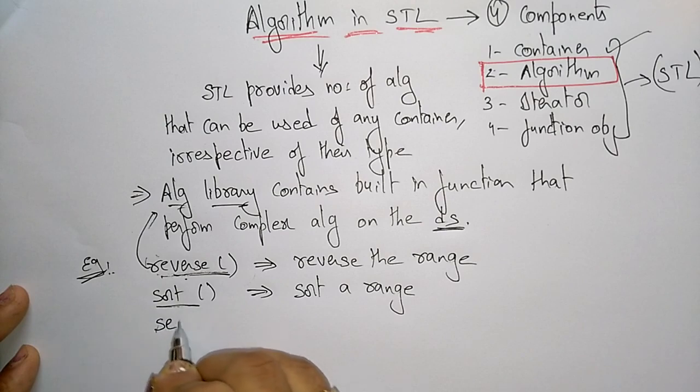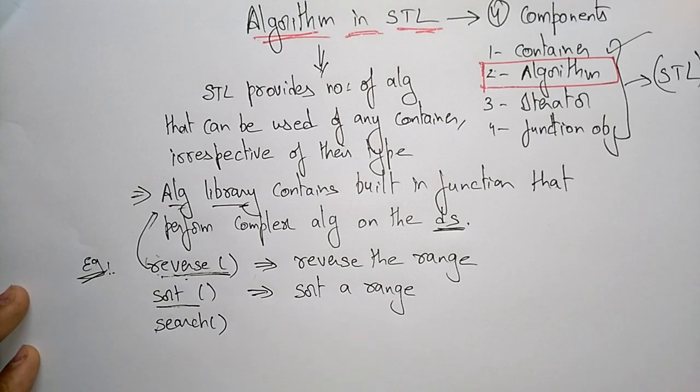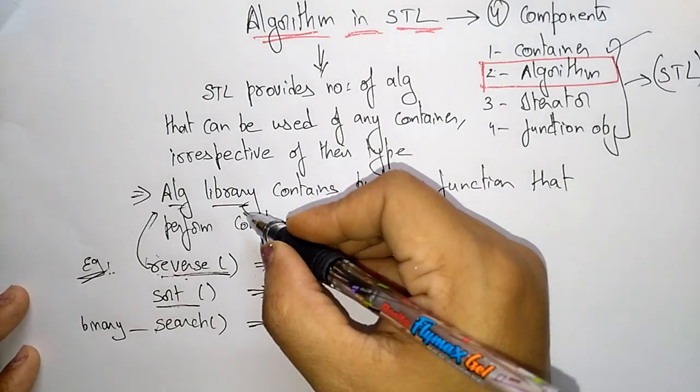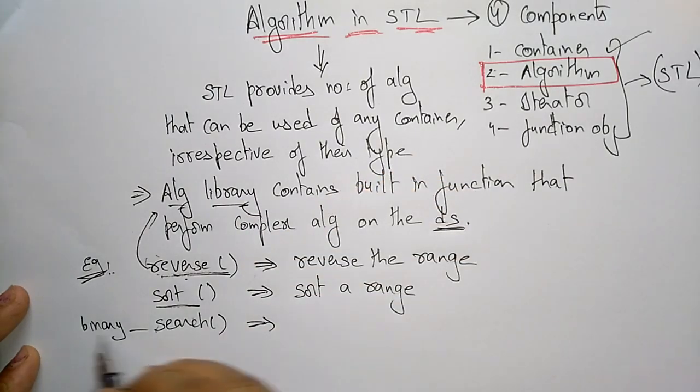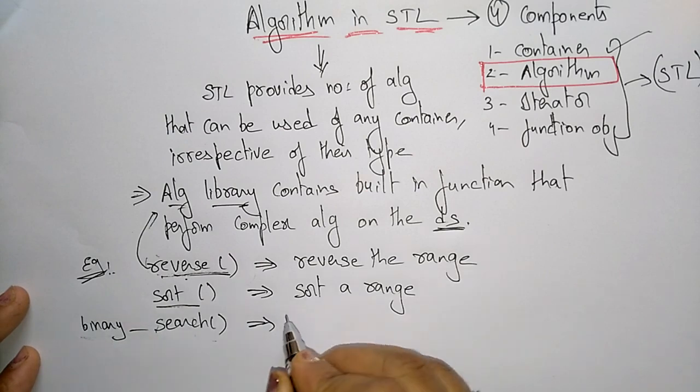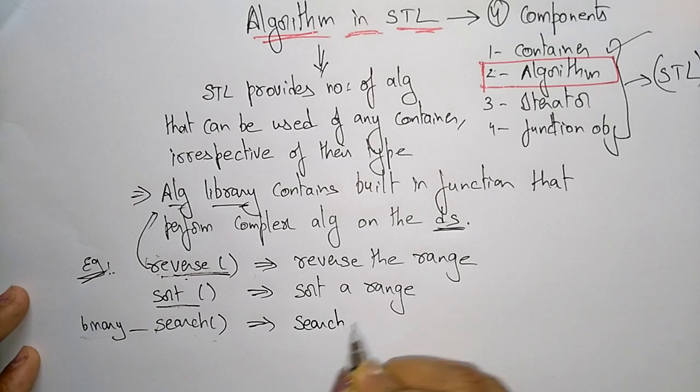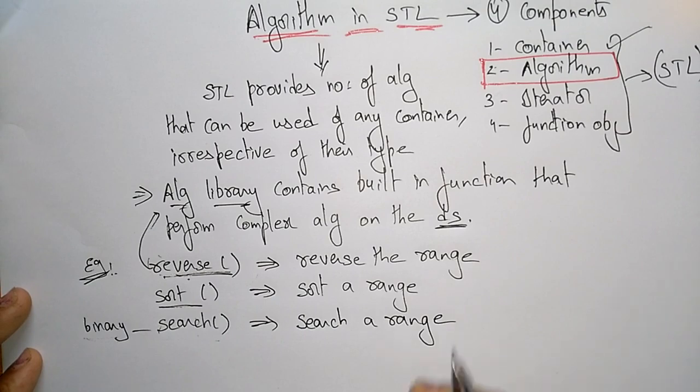Like search: it searches a range. By default it uses binary search. The algorithm library contains the binary search keyword, which searches for an element in the range we have given.